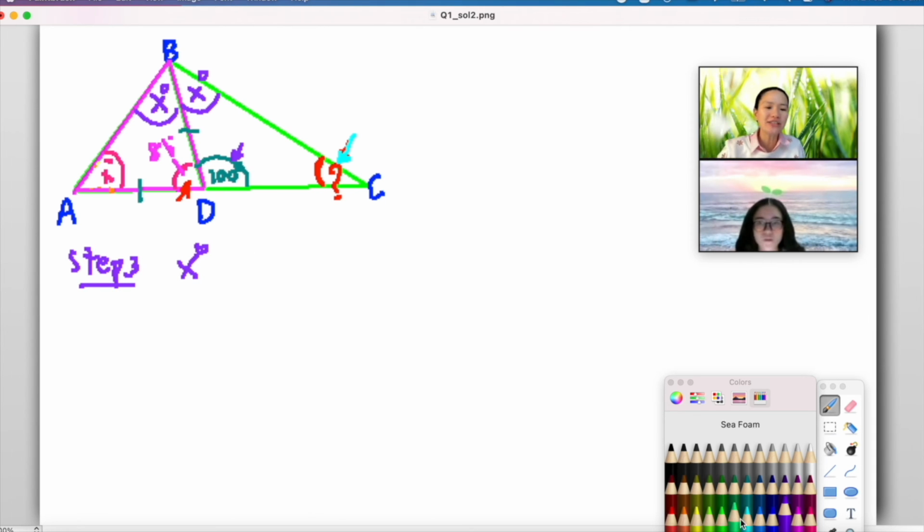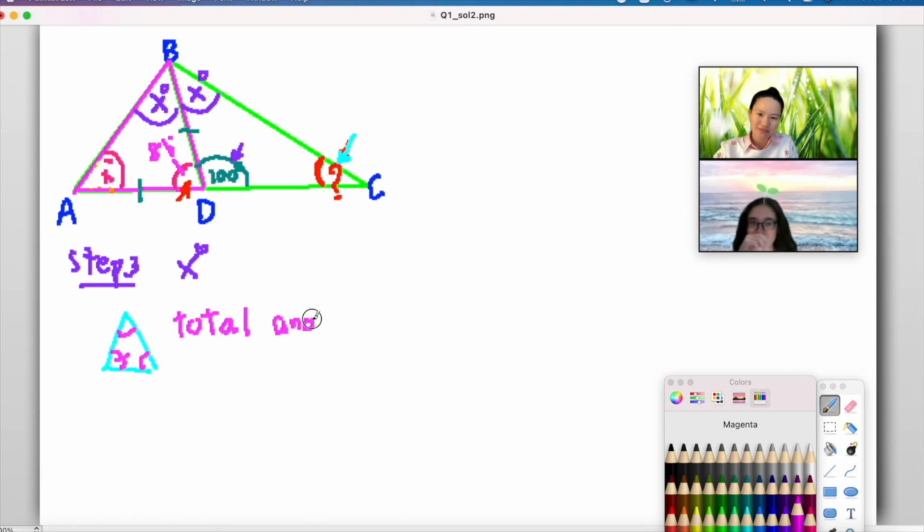Okay, Leila, can you tell me please, if we have the triangle look like this one, the total angle come together equal what? 180. Very good. Yes, equal 180. So that means from here, I know this one is equal 80 as well, yeah?